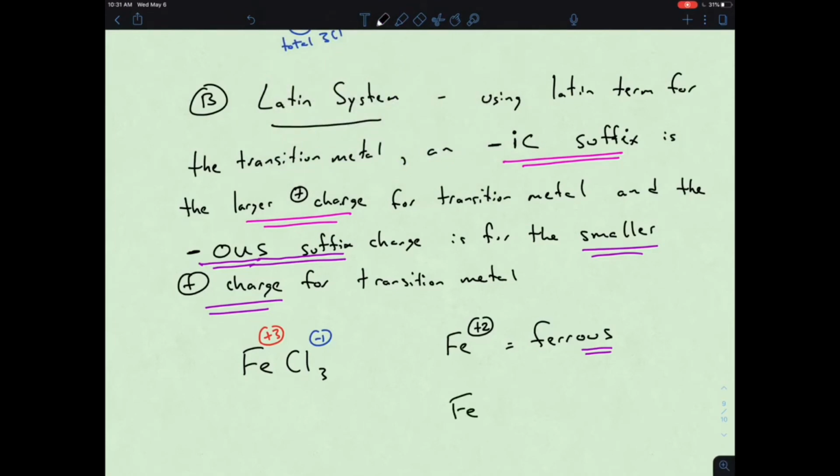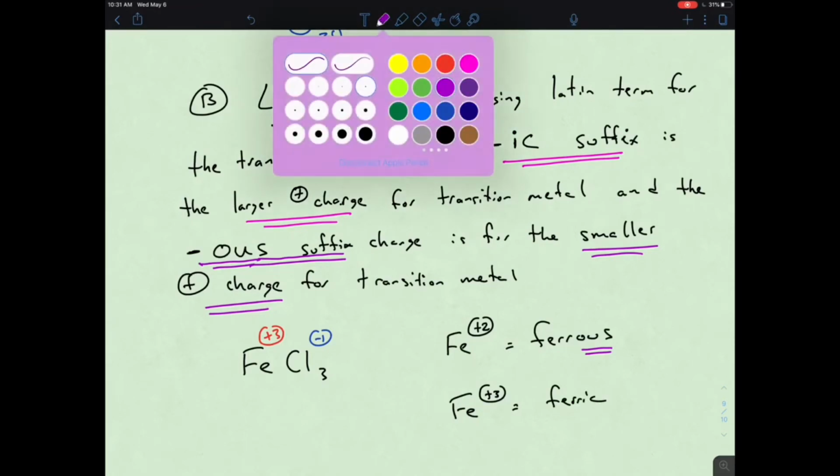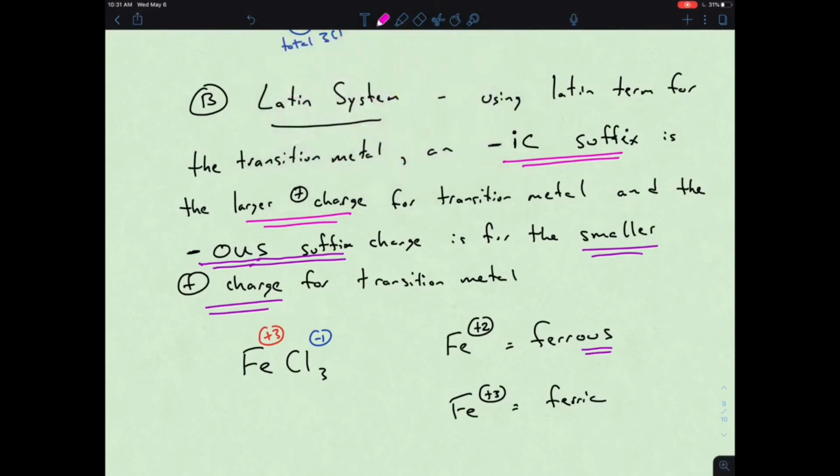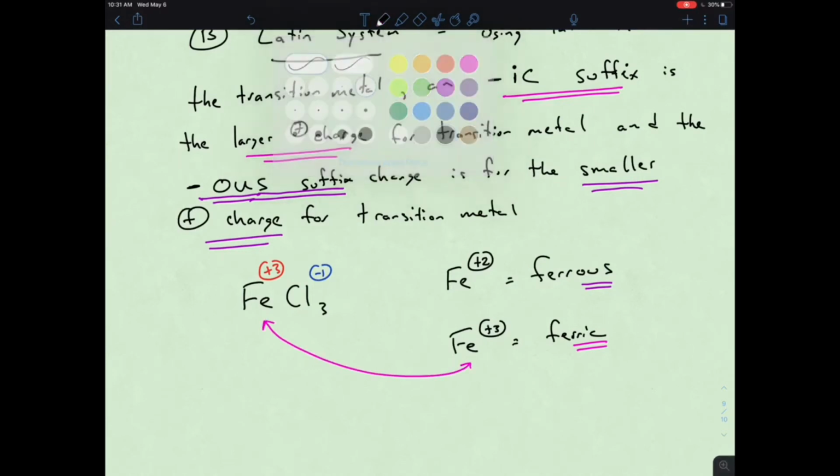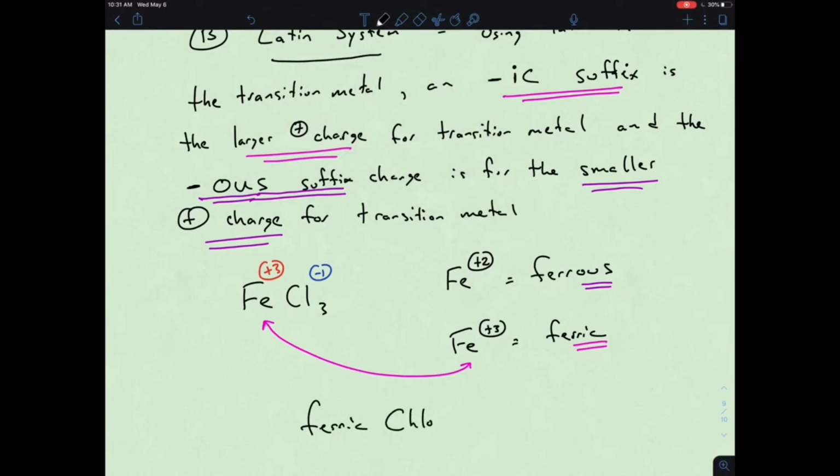And then we would have iron +3 in the ferric state. And so we see that suffix change as well. So that means in putting them together, we have ferric chloride. So that is how we would name that particular transition metal.